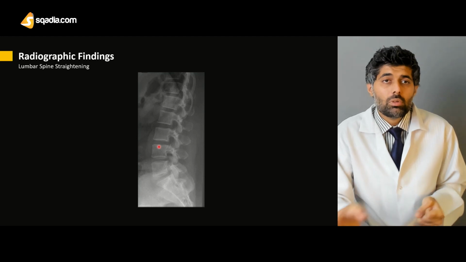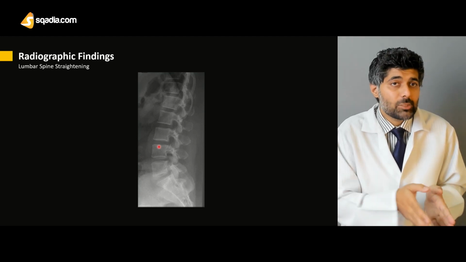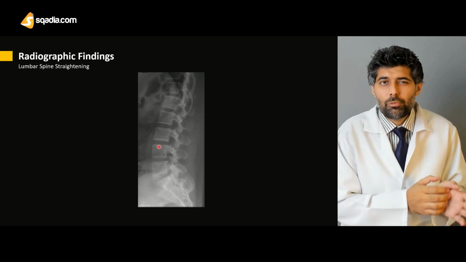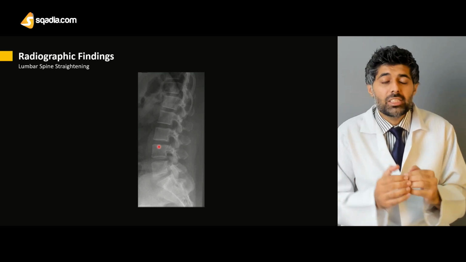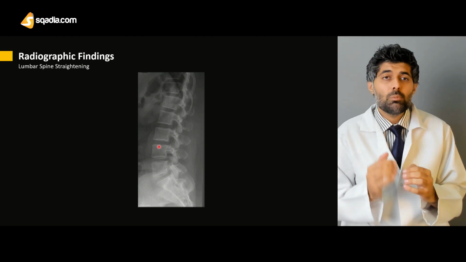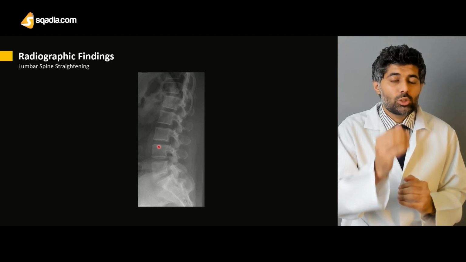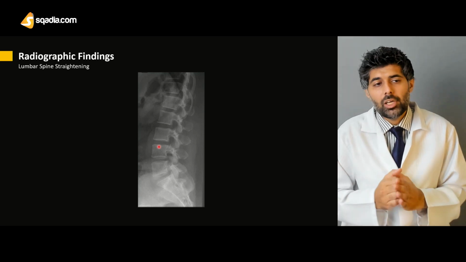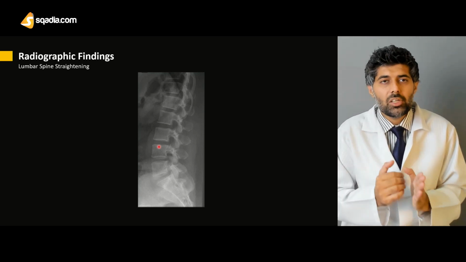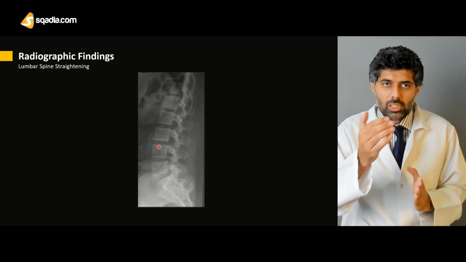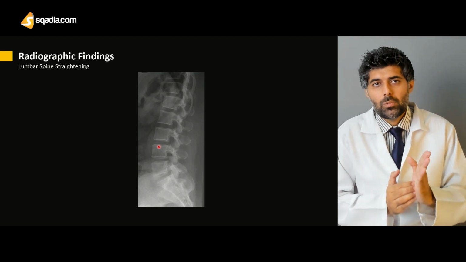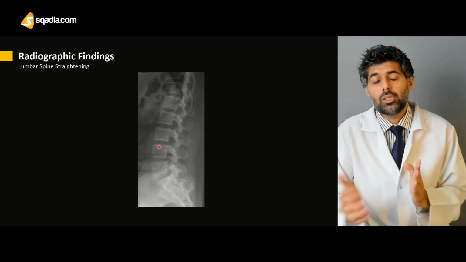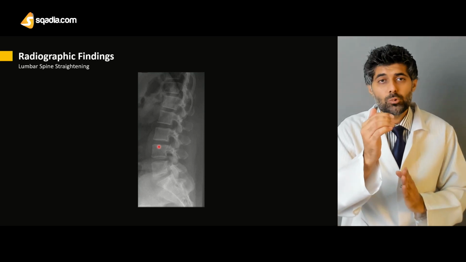Before the bamboo spine takes place in patients, like I said before, the syndesmophyte starts caudally and moves cranially. So usually what we get is pain at the caudal area along with the straightening of the lumbosacral area, which then moves cranially.